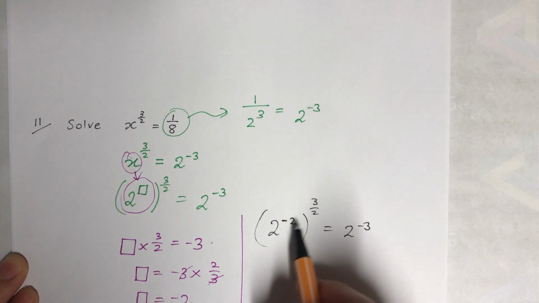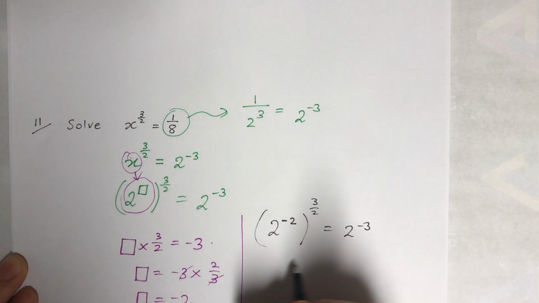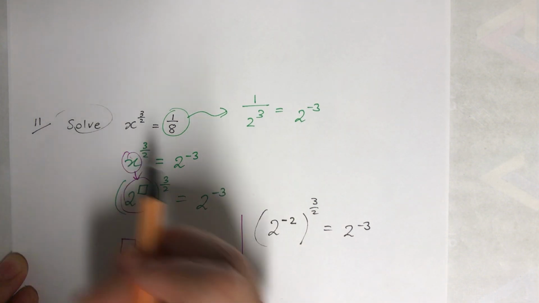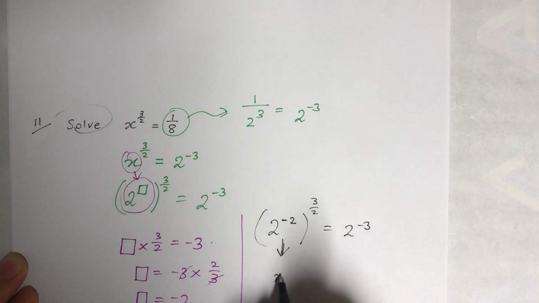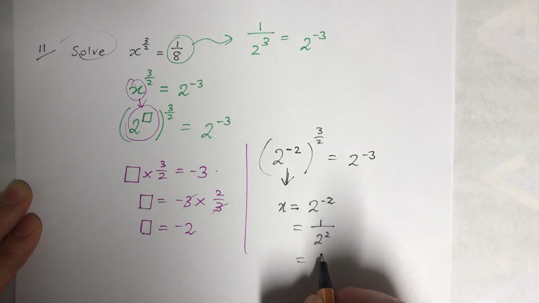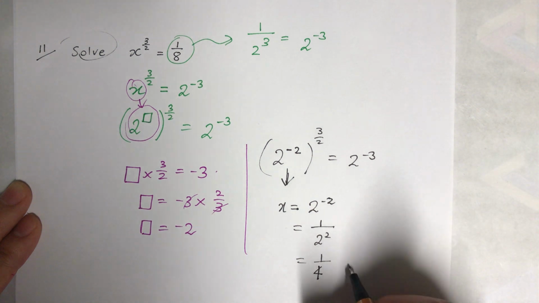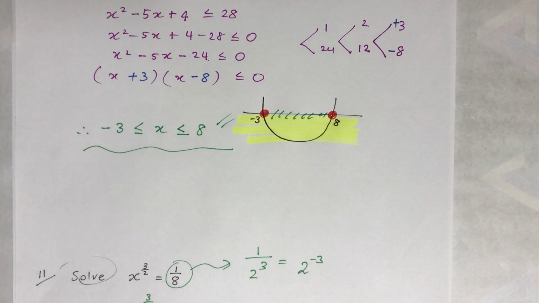Well, it is. If you think about it, if you times it, you get that. So therefore, your x, because solve for x. So this is my x, okay? The x equals 1 over 4. So x is 1 over 4, okay?